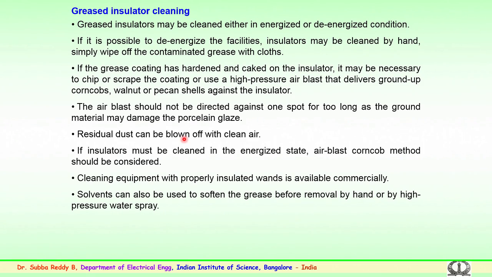Here, insulators may be cleaned either by hand, simply by wiping the contaminated grease with a cloth, or, if the grease coating is very hard and caked on the insulator surface, it may be necessary to chip or scrape the coating, or sometimes use a high pressure air blast that delivers ground up corn cobs, walnut or pecan shells against the insulator surface.